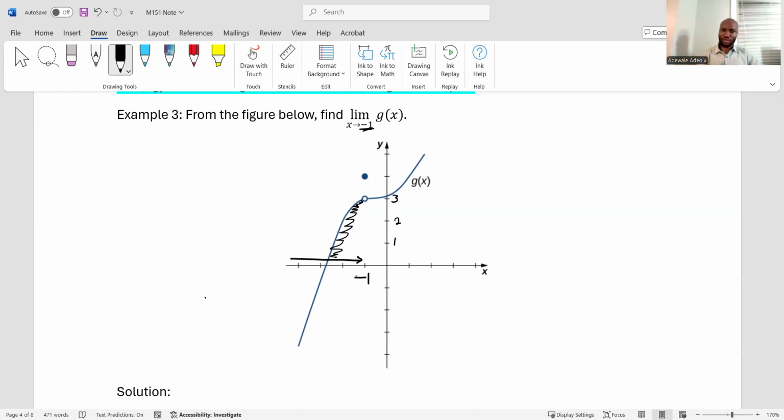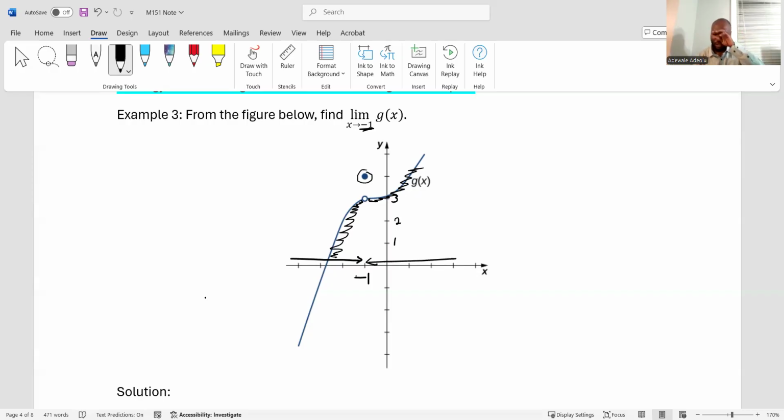On this side as well, as x is trying to get to -1, the y value itself is also trying to get to this point, which is 3. However, the value of that function is undefined. I mean, it's not at this point, it is here.